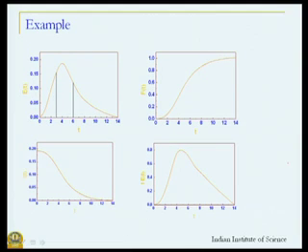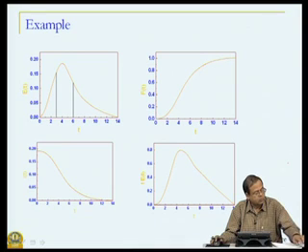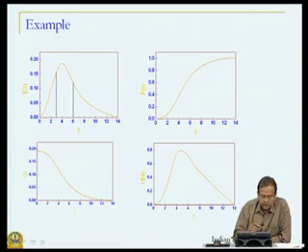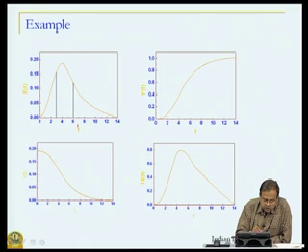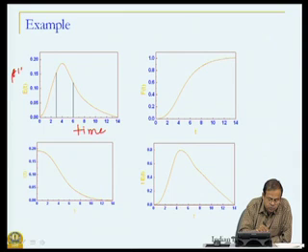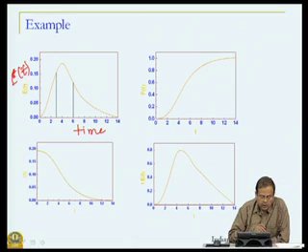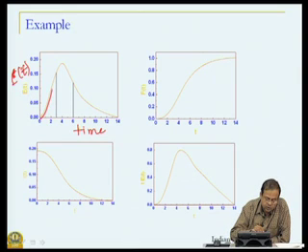So, let us take an example and look at how we characterize this. So, let us say that on x axis we have time and on the y axis we have e of t, our distribution that we were looking at, and let us say that distribution is something like this.